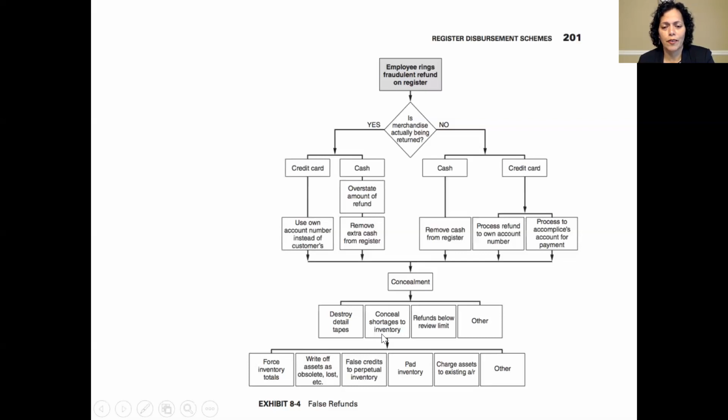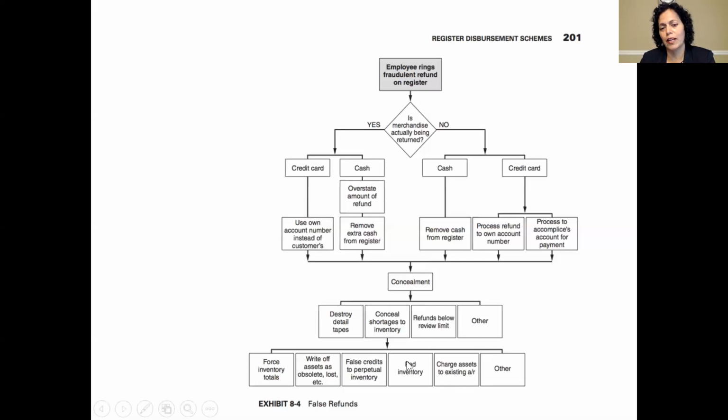So the concealment of AR shortages, they could force inventory totals, which is what I mentioned a few minutes ago. They could write off assets as obsolete, therefore it's not over there. False credits to perpetual inventories, again, you're cooking the books. Pad the inventory. Once I have the control over inventory and the return process, the fraud can be perpetrated in so many different ways.